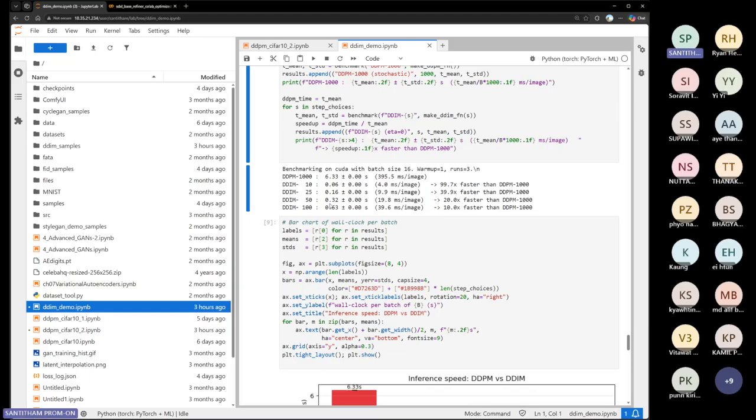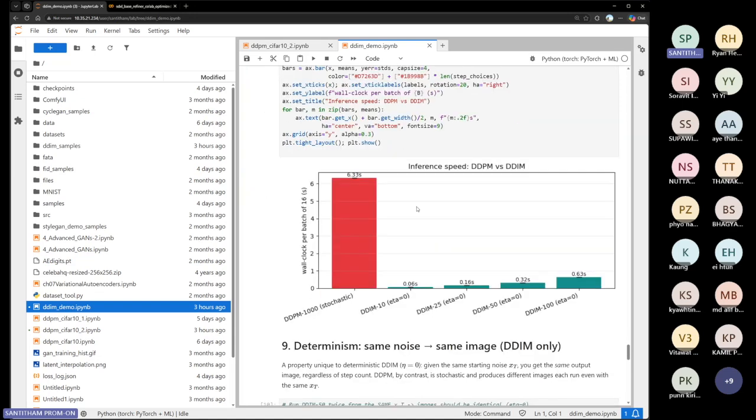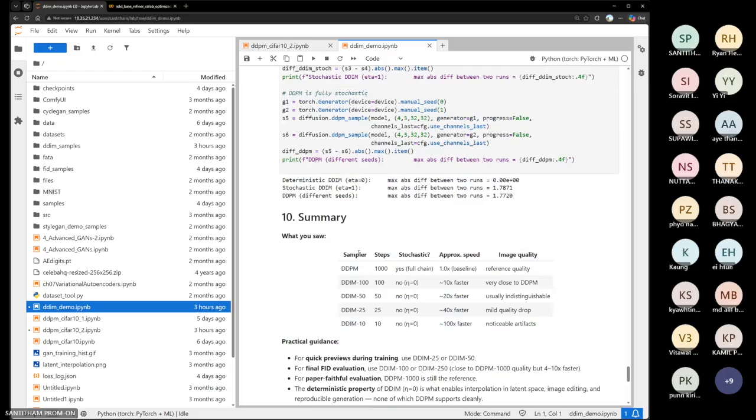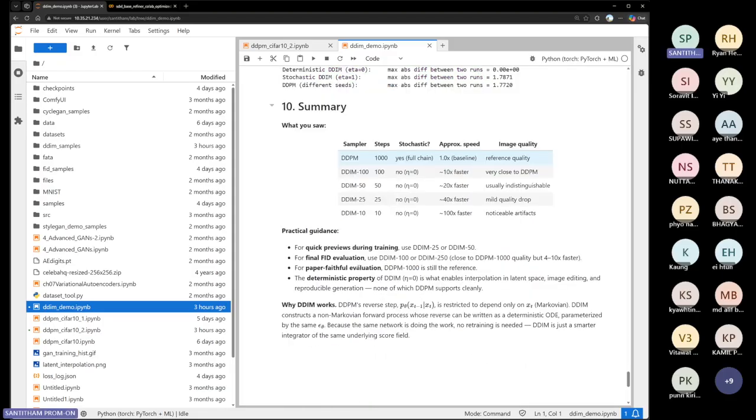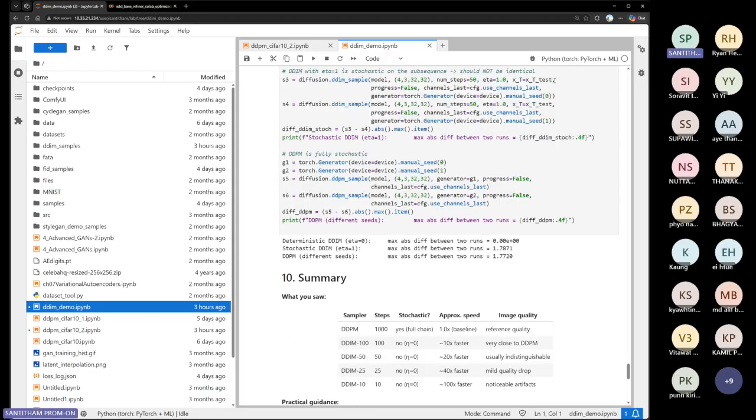So a lot faster. 20x faster than the DDPM, with the quality quite okay to a certain level that you can see, right? Comparing from the DDPM to the DDIM, you can see the difference there. Okay. Yeah. So that is DDIM.